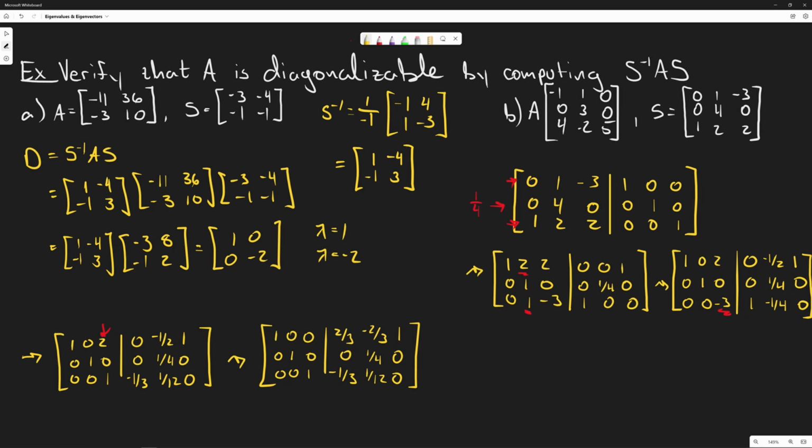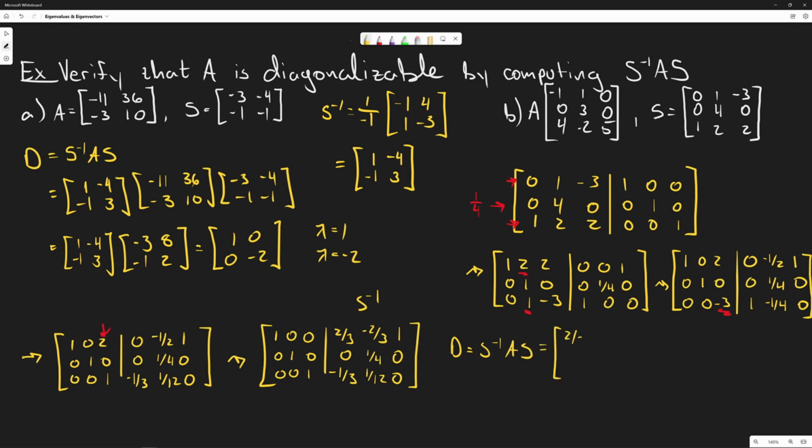And this will be our inverse matrix. It's not very nice because we have fractions, but this is our inverse matrix. So now all we really have to do is multiply it as usual with D equal to S A S inverse.